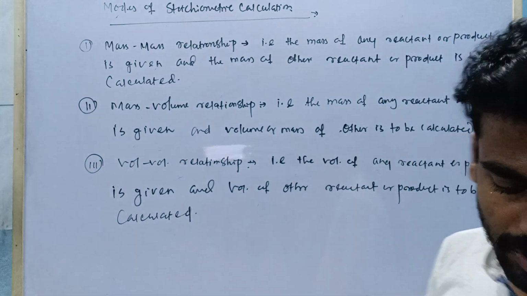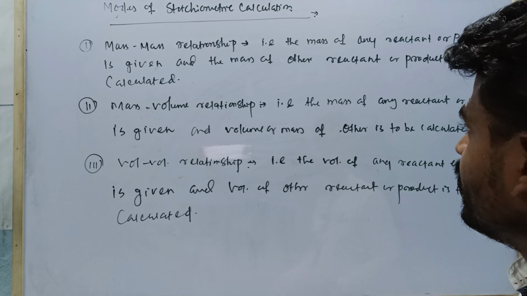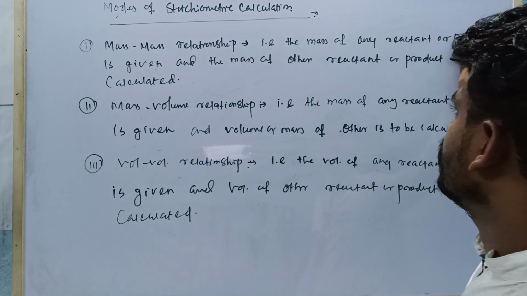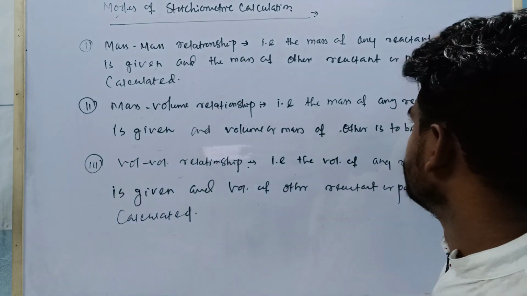Okay, so these are the different class of stoichiometric calculation. Okay, mass, mass volume and volume relationship.